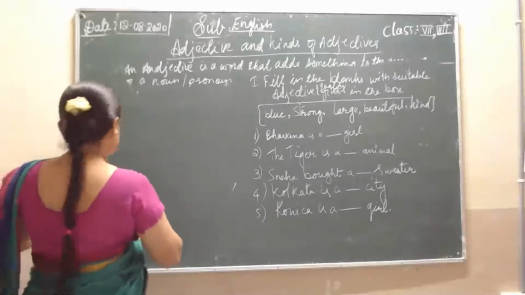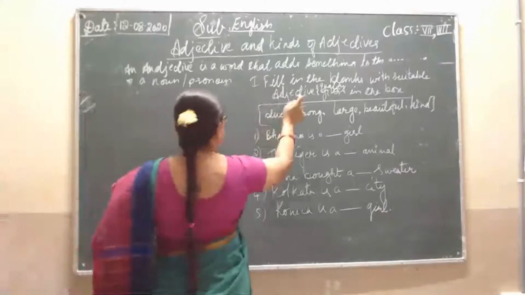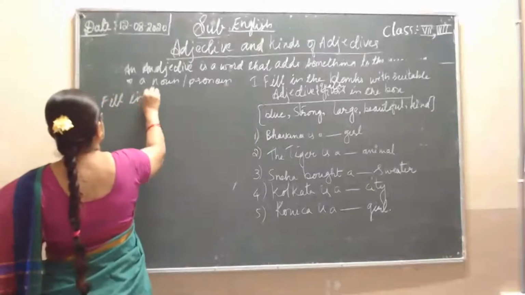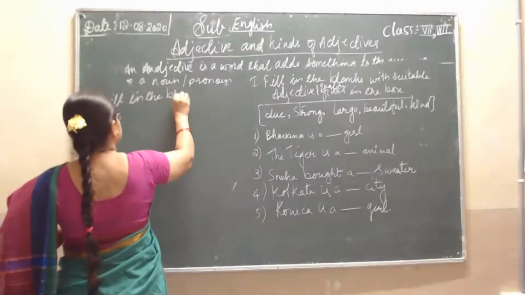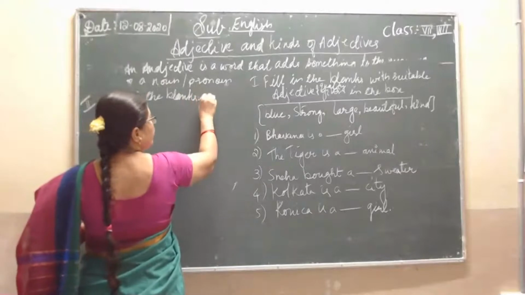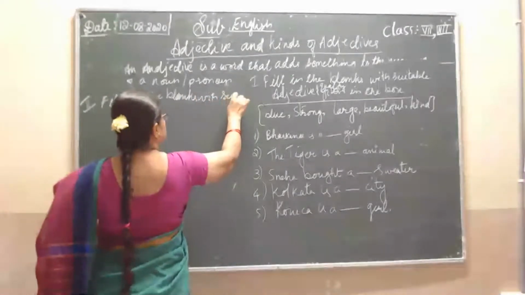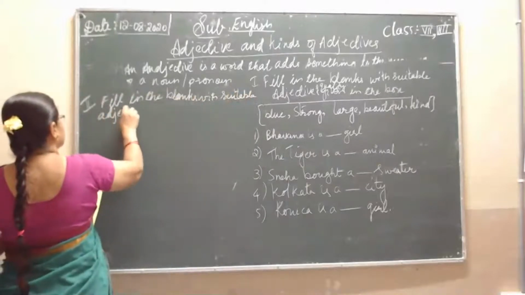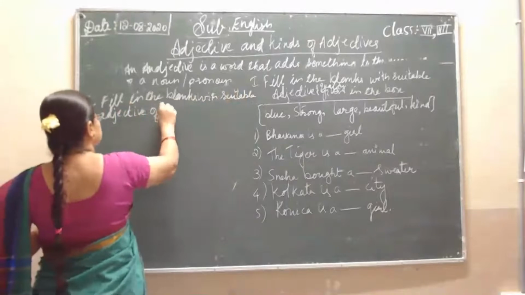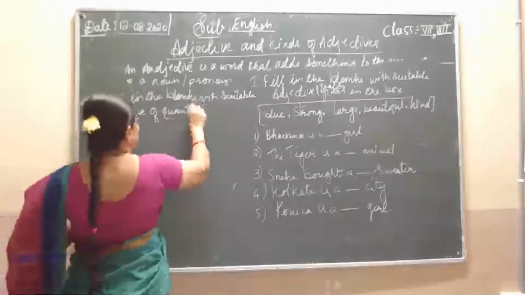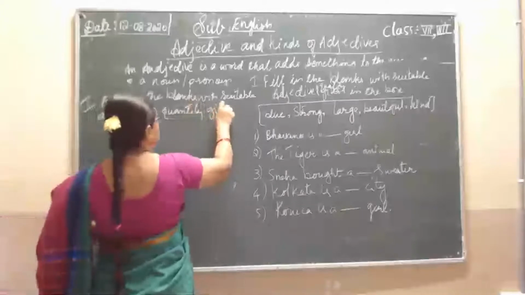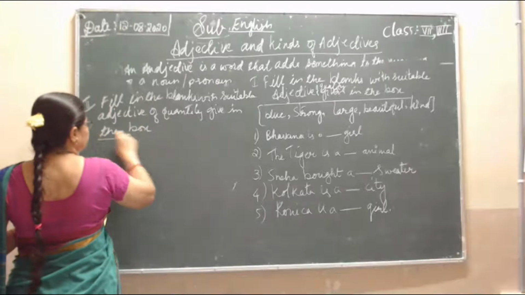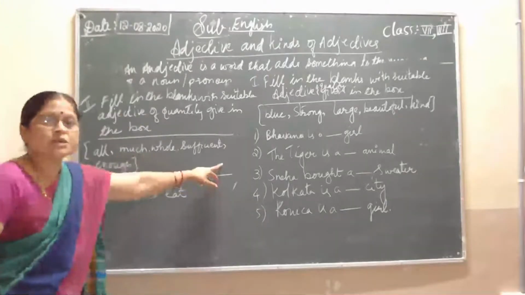Second one is fill in the blanks with the suitable adjectives of quantity given in the box, and write the correct adjective in this blank.